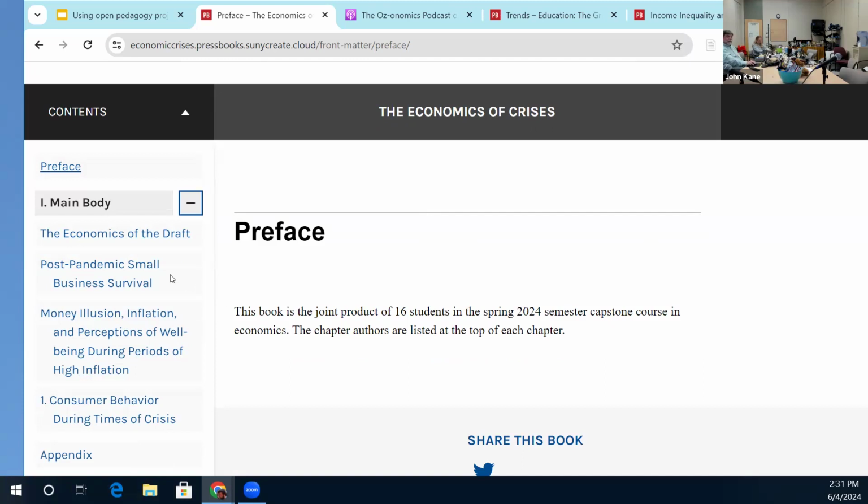But then they did one on post-pandemic small business survival: what proportion of firms survive, what types of firms and what industries, which relates to the COVID crisis. Consumer behavior during times of crisis. I don't know where that one came from. I put this together really quickly a couple of weeks ago because they turned it in and I got this out the next day, so I have to go back and clean it up.